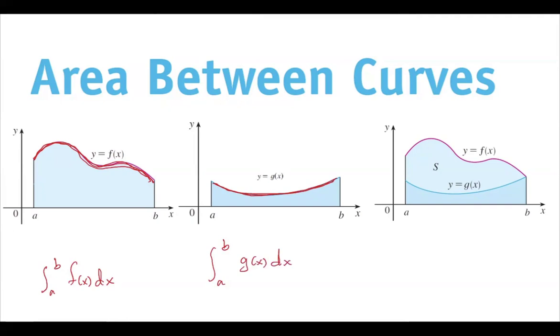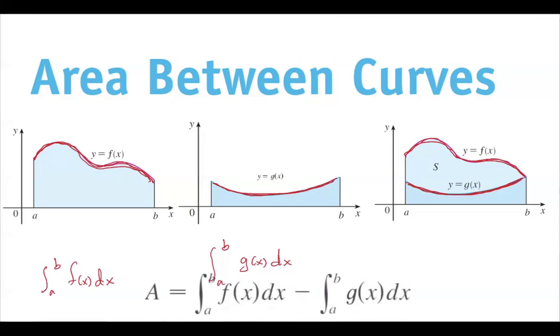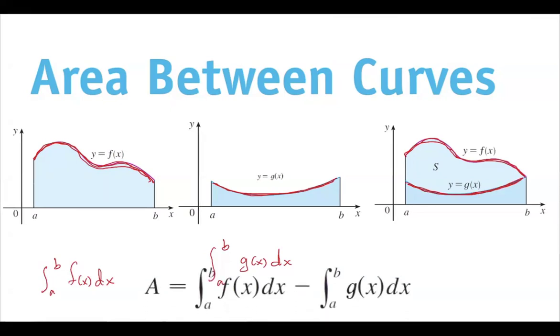Now the idea is, how do I calculate the area between f, which is the function on top, and g, which is the function down here? So intuitively, you have a larger area minus the smaller area. The larger area minus the smaller area gives you the area in the middle.